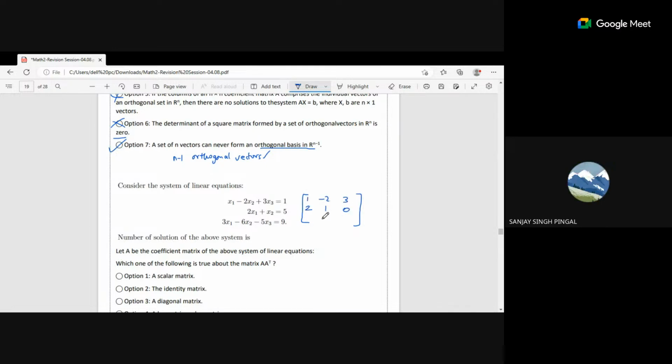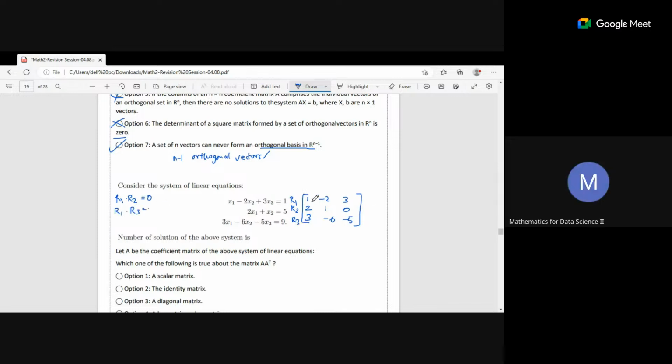The solution is one unique solution. What is the reason behind it? These are orthogonal. Ma'am, can we check the determinant if it is non-zero? Yes, you can check the determinant, but here the property is something easier. What is R1 dot R2? 2 plus 0 minus 2, which is 0. What is R1 dot R3?